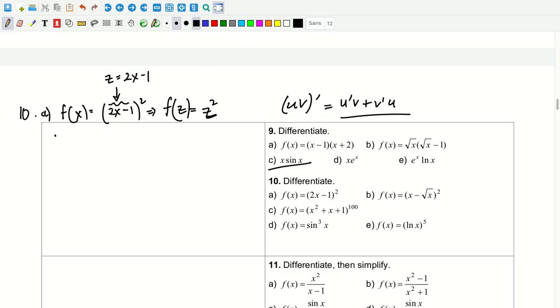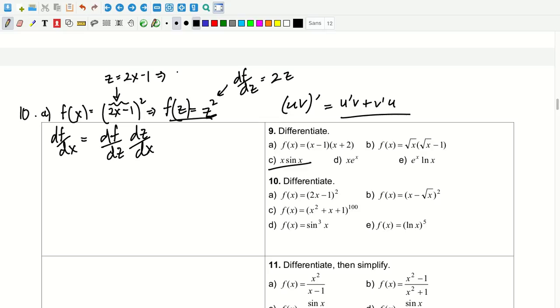So chain rule says that df dx is just going to be df dz times dz dx. Now this is why I did it this way. Df dz is very easy. It's like taking a derivative of x squared, so df dz is just going to be 2z.